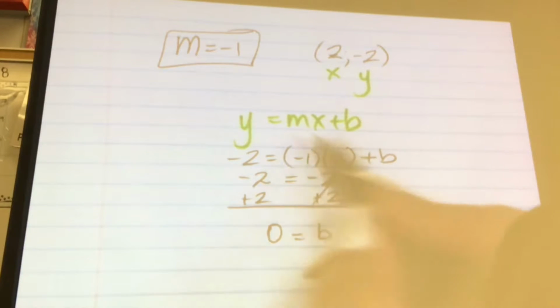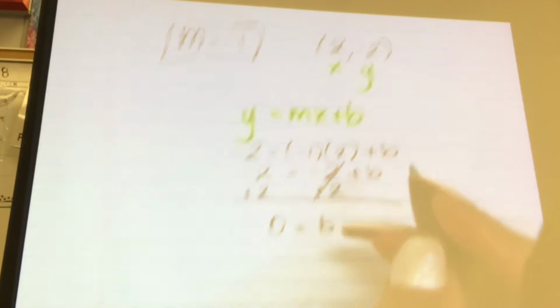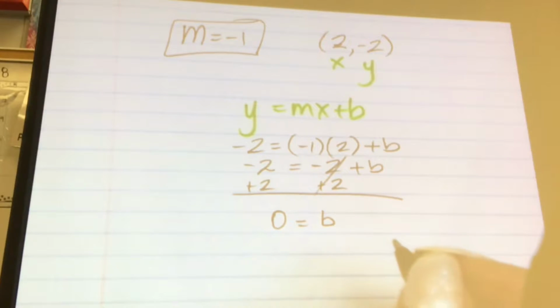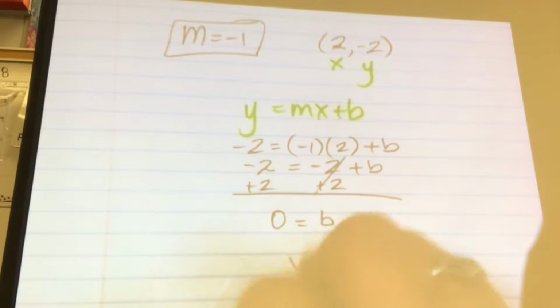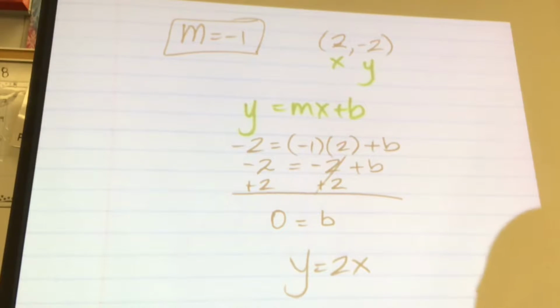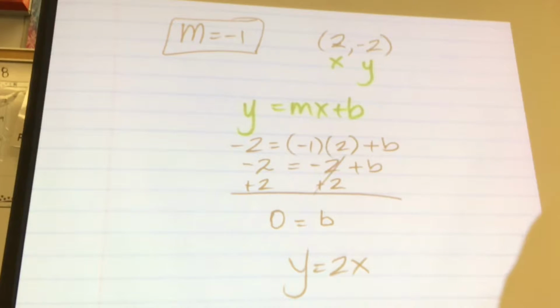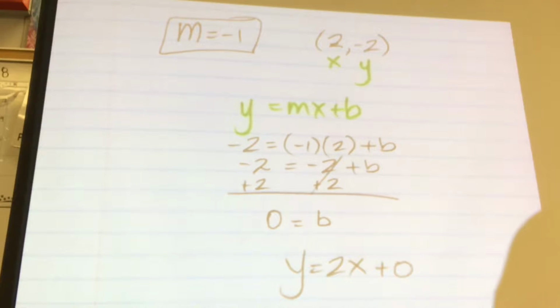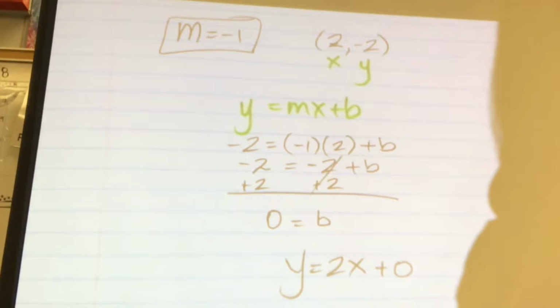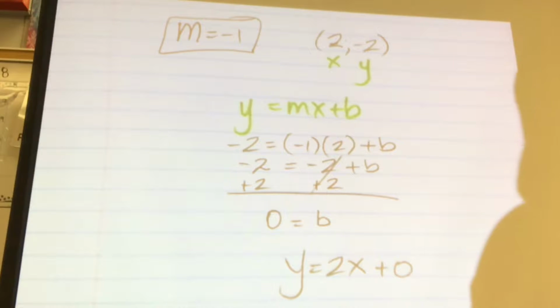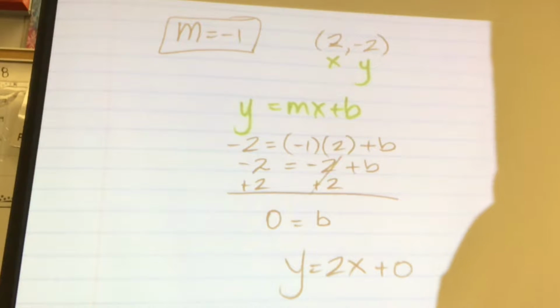So how do I write y equals mx plus b if I know my b is 0? y equals -1x plus 0. You're the man. I actually don't even need to put that 0. Some of you do it for security, but you don't need to. It's like saying I got $20 in my pocket plus 0. Okay, so you have $20. Why do you need that plus 0?